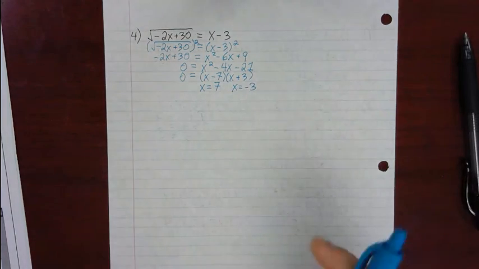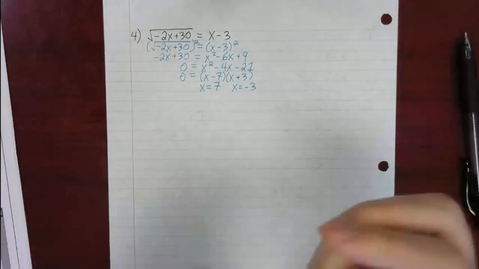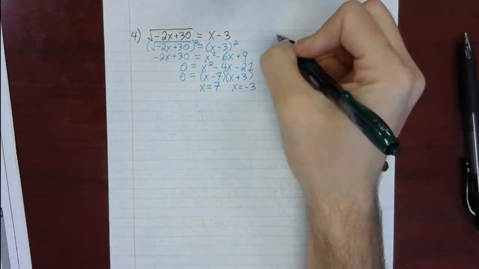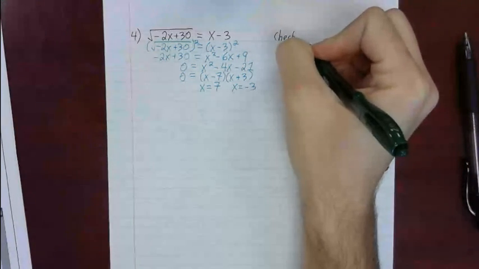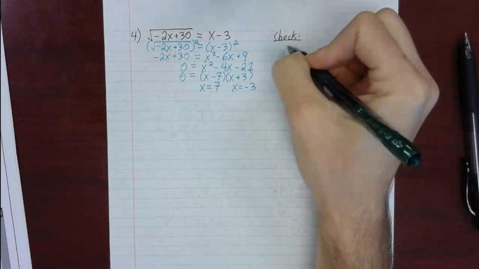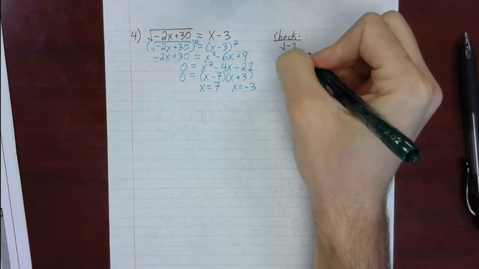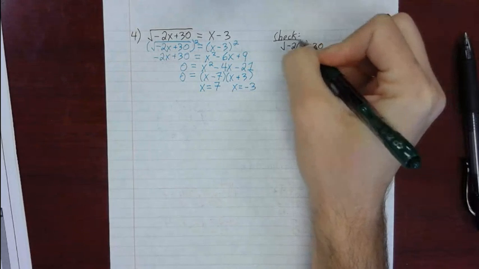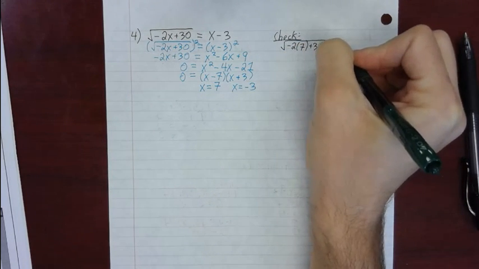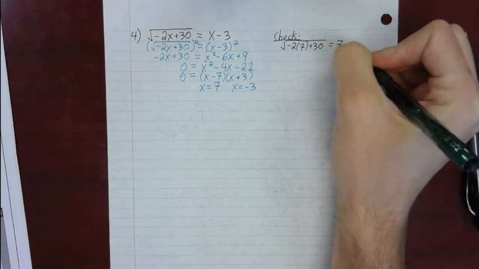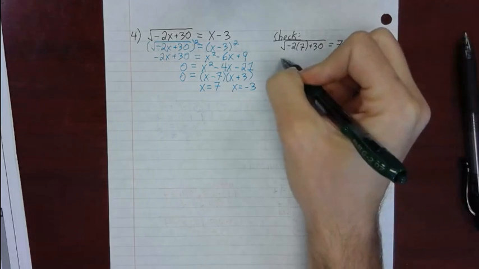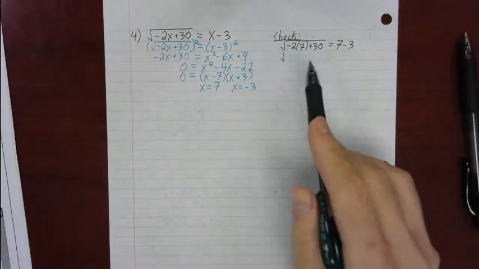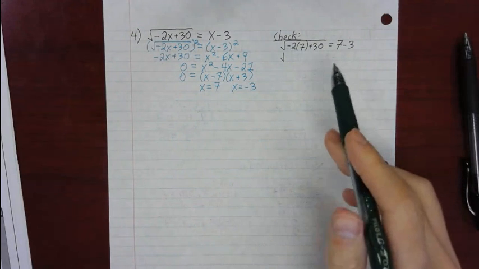And we need to check our answer for both of these. In our check over here to the right, we are going to first put in 7. So the square root of negative 2 times 7 plus 30 should be equal to 7 minus 3. Simplifying the left side, we have negative 2 times 7 is negative 14.